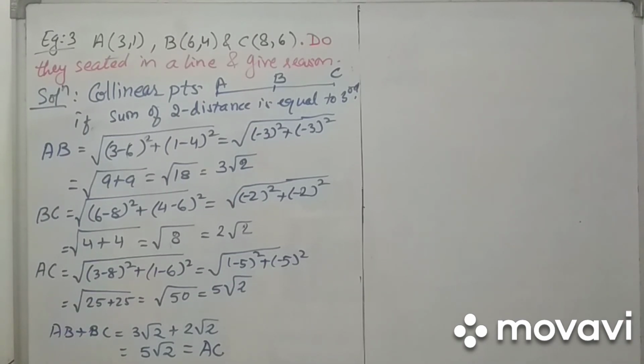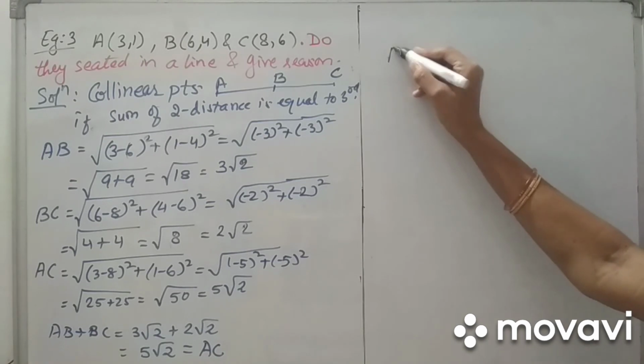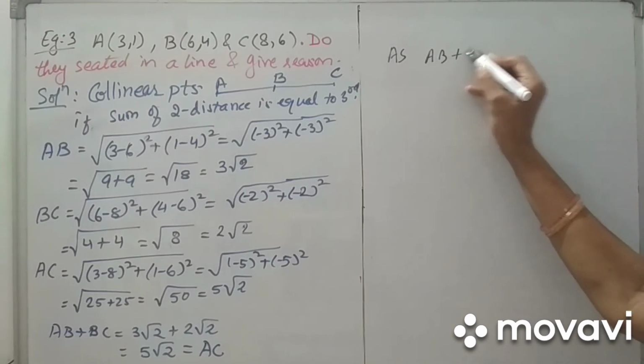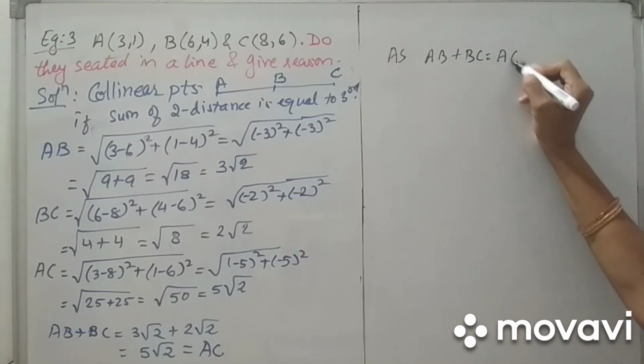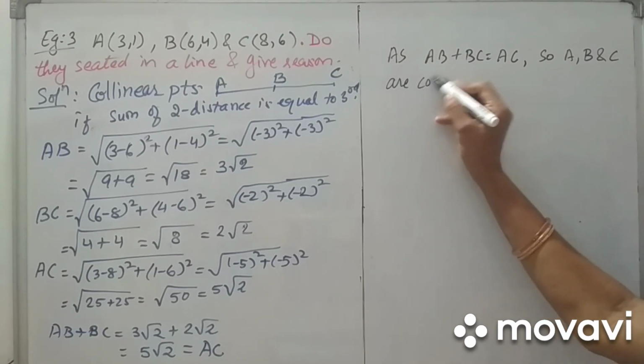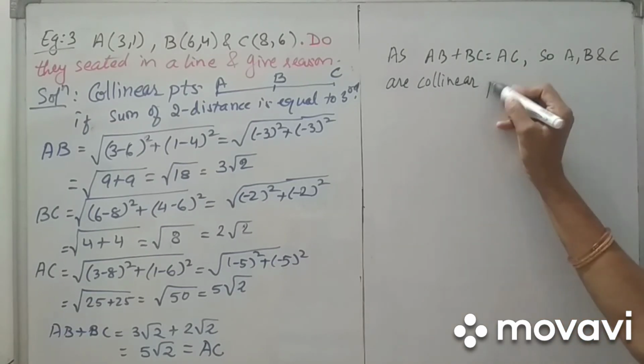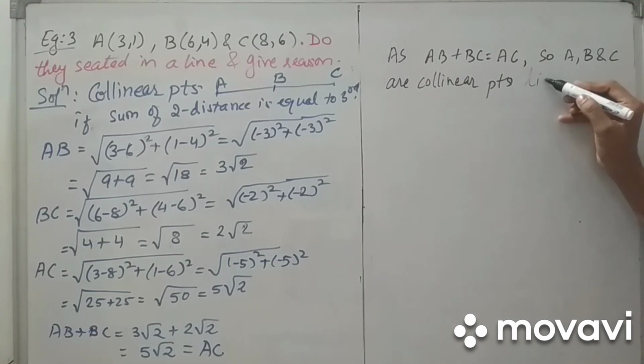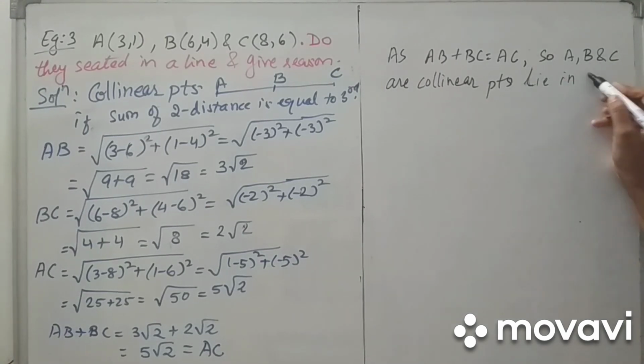Now as they are collinear points, they are lying in a straight line. As AB plus BC is equal to AC, A, B and C are collinear points lying in a line. So all these three students are sitting in a straight line.